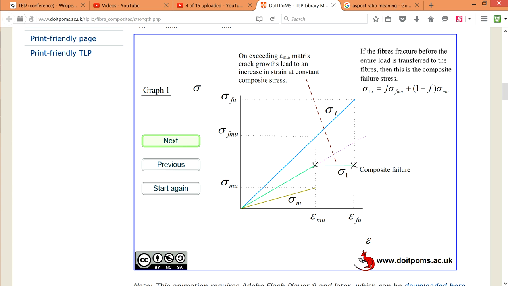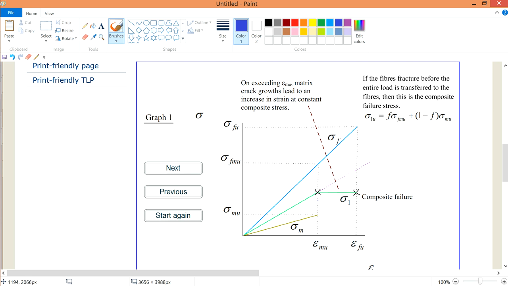So when you have this, after this point your material will fail, right? You will see some sort of failure, and this type of failure is determined by whether the fibers fracture before the entire load is transferred to the fiber.